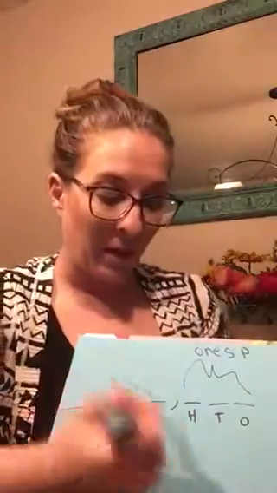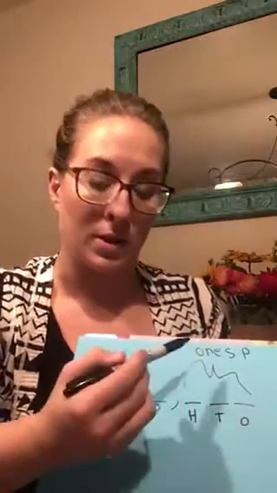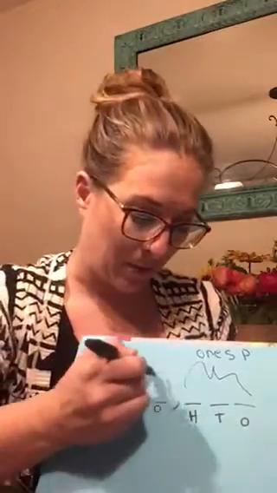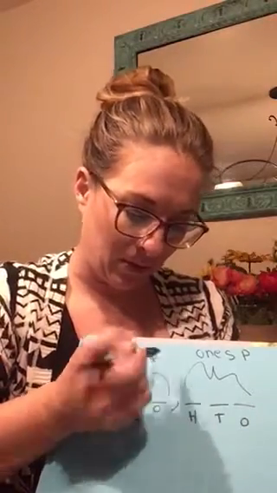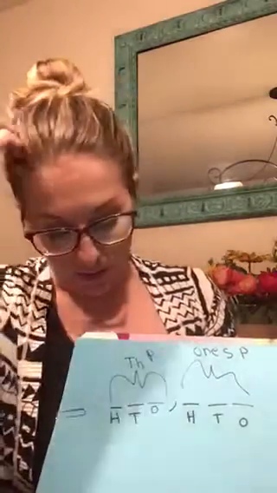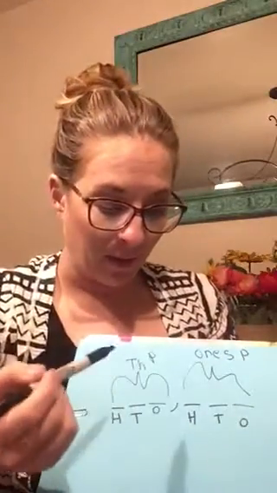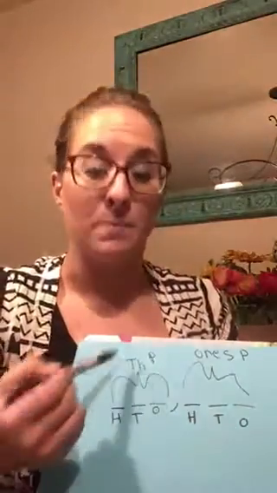The difference is this is in the ones period and this is in the thousands period. So I always do a TH for thousands and then a P for period. So what the kids need to understand is that this is the ones, tens, and hundreds in the thousands period.